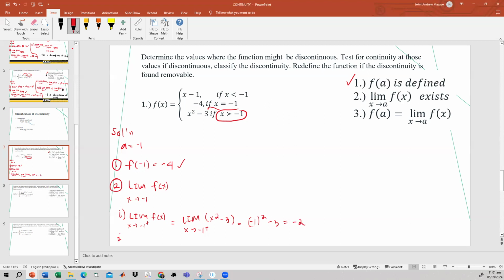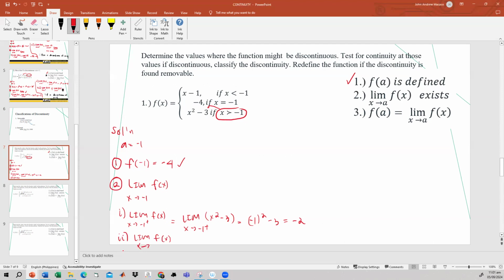What's next? The next thing is, of course, we'll check the left side limit: the limit of f of x as x approaches -1 from the left. Again, you'll check the inequality to see which of these functions satisfies -1 from the left.